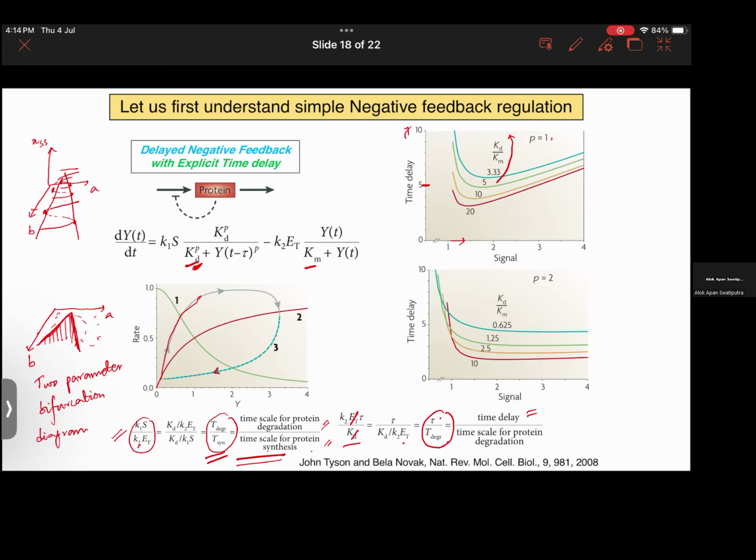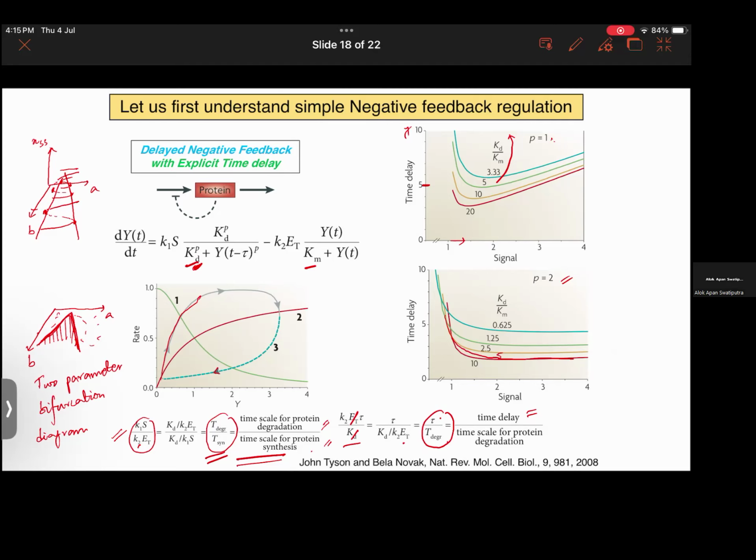When you change the value of P1 to P2, you see every curve has now shifted downwards. So, for example, if at Kd by K I have taken 5, right? Okay, so 5 will be somewhere here. The graph should be.